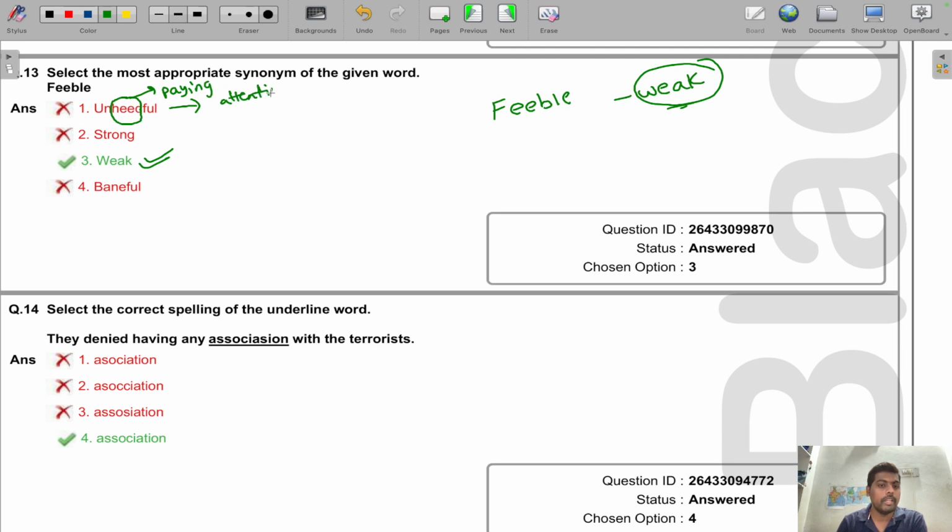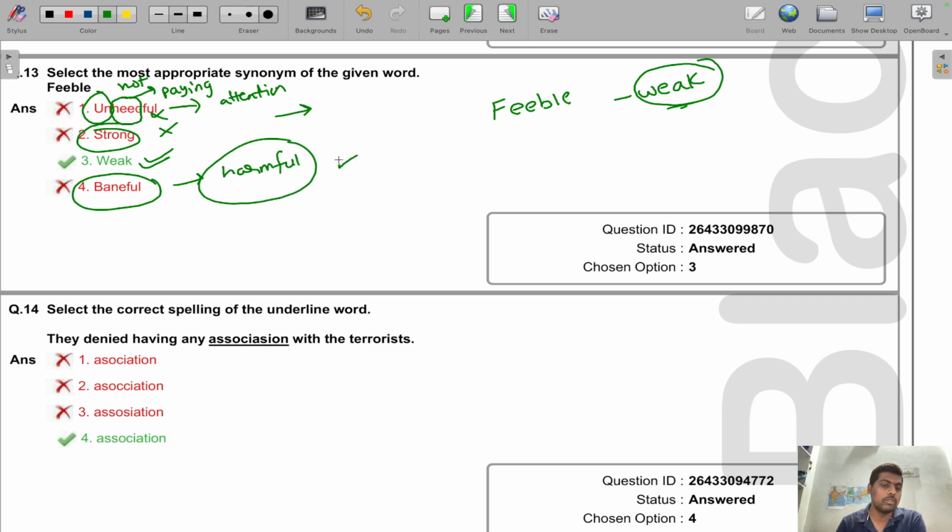Now you tell the meaning of unheedful. Unheedful means you are not paying attention. That is simple. Un means negative. Now strong is definitely not the answer. Baneful means harmful. Now there is no possibility for this one also. This is eliminated, so there is only one option.